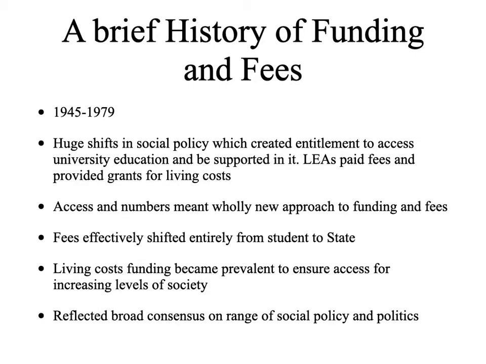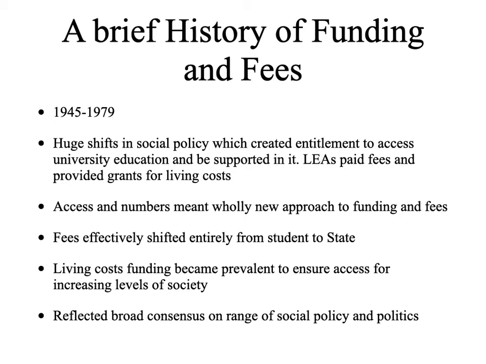As we've already touched upon, after 1945, there were huge changes in social policy across many parts of the UK economy and society. And through the Robbins Report and the Anderson Report, social policy changed most significantly to create an entitlement to access to university education if you had the ability to benefit from it, and the right to be supported in it through mandatory grants.